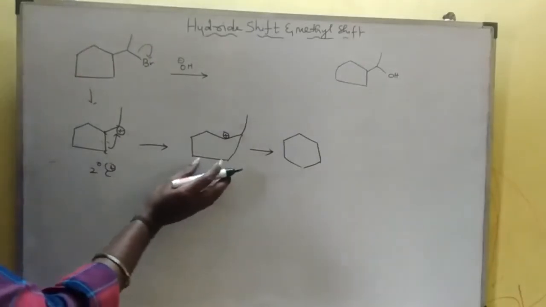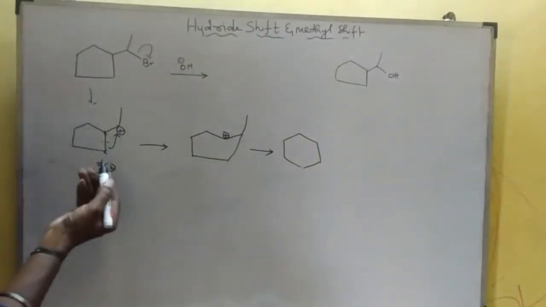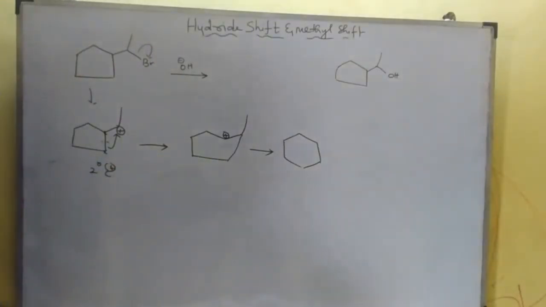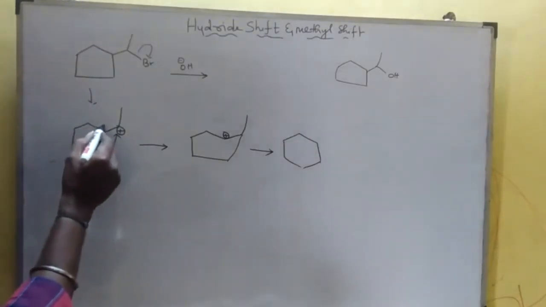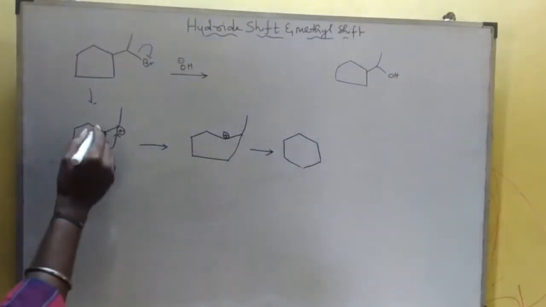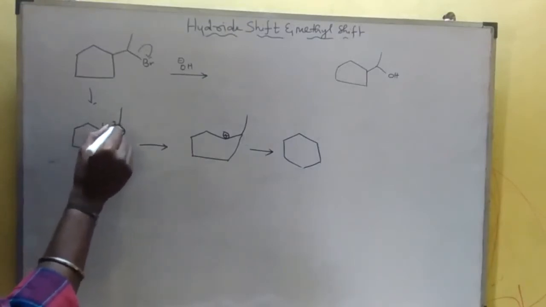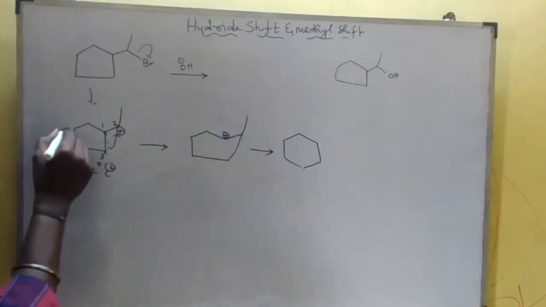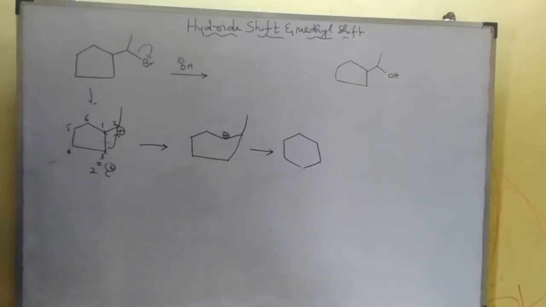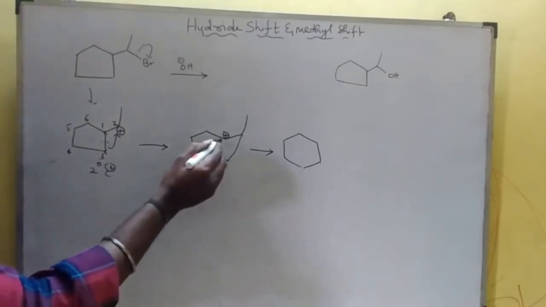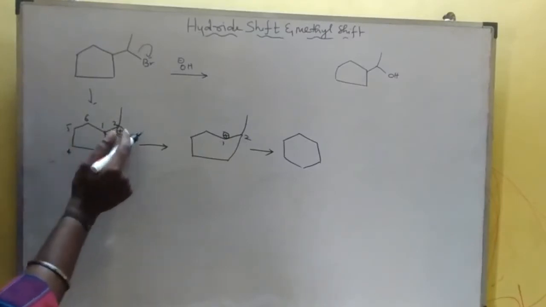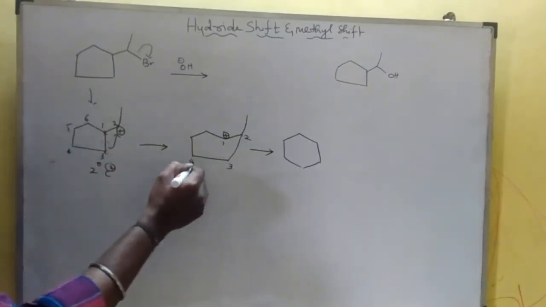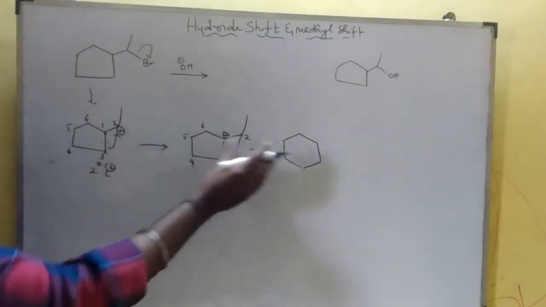In order to obtain it easily, you can number it. It's not the IUPAC system, but you can write easily from this species to this species: 1, 2, 3, 4, 5, 6. So this is your 1, this is your 2. Between 2 and 3 this bond forms. So 3, 4, 5, 6, and arrange it properly.